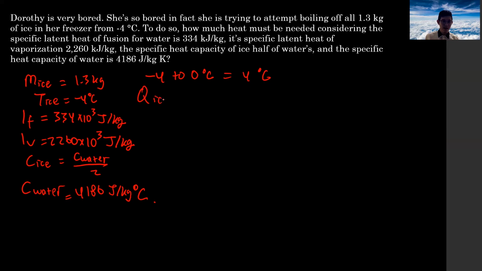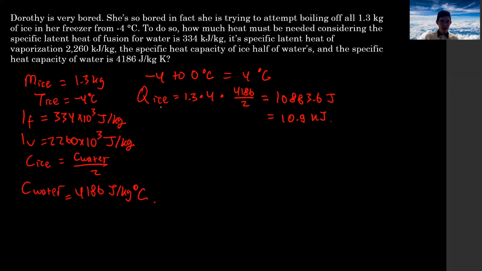So the Q of ice, we can write it as 1.3 times delta T, which is 4, times the specific heat capacity of ice, which is 4186 divided by 2. So putting that in, we get 10883.6 joule, or I can just write it as 10.9 kilojoule to make it more simple.